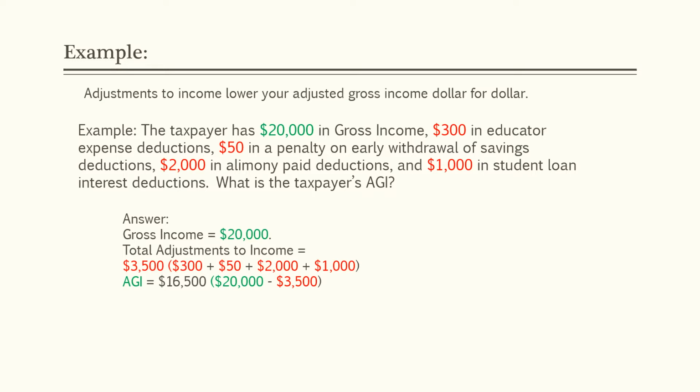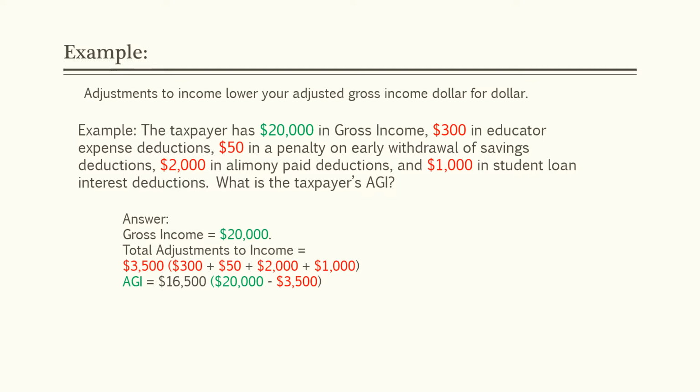For example, the taxpayer has $20,000 in gross income and $300 in educator expenses deduction, $50 in the penalty on early withdrawal of savings deduction, $2,000 in alimony paid deduction, and $1,000 in student loan interest deduction.